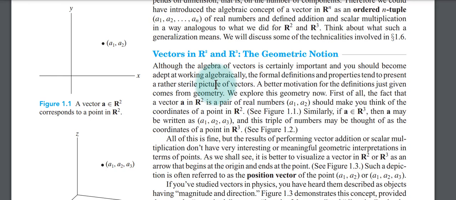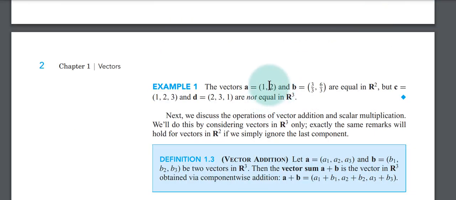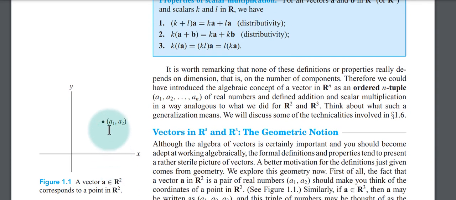Now they say that instead of thinking of them as like this, which is just a kind of definition of a vector, we can also think of them geometrically. So for example, we could take this vector and say it's associated with this point here in the plane.